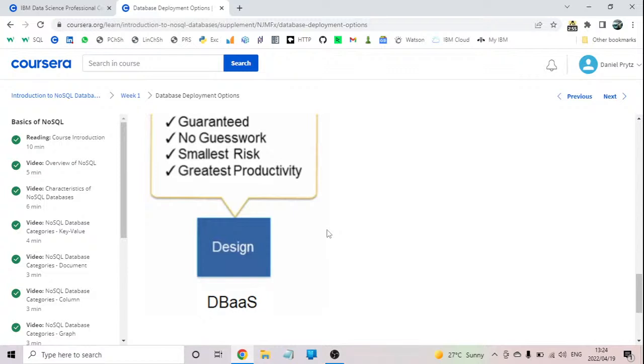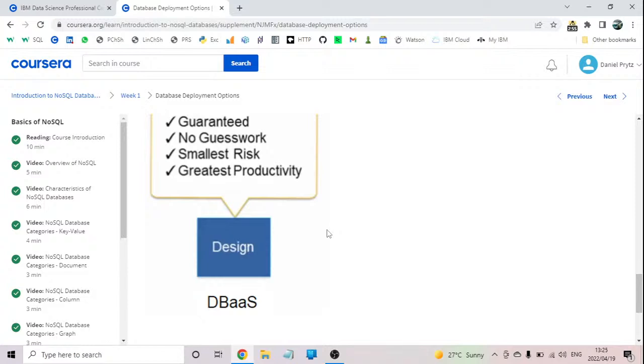Okay, so then we have this one, which is, of course, guaranteed to work, no guesswork. Smallest risk, and greatest productivity.